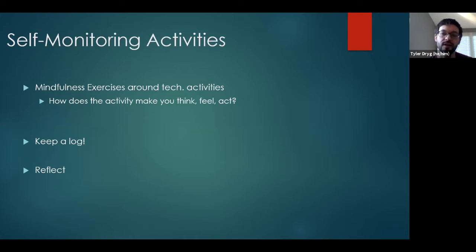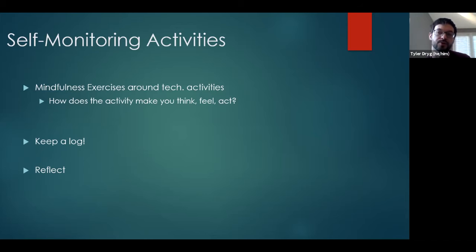One of the things he talks about a lot in his book is email as a practice, something we all have to do several times a day. And so thinking about, in terms of that activity, how it makes you think, the thoughts that go through your head when you're checking your email or performing another tech activity, the feelings that happen when you're performing that technology activity, and then other actions that go along with that.